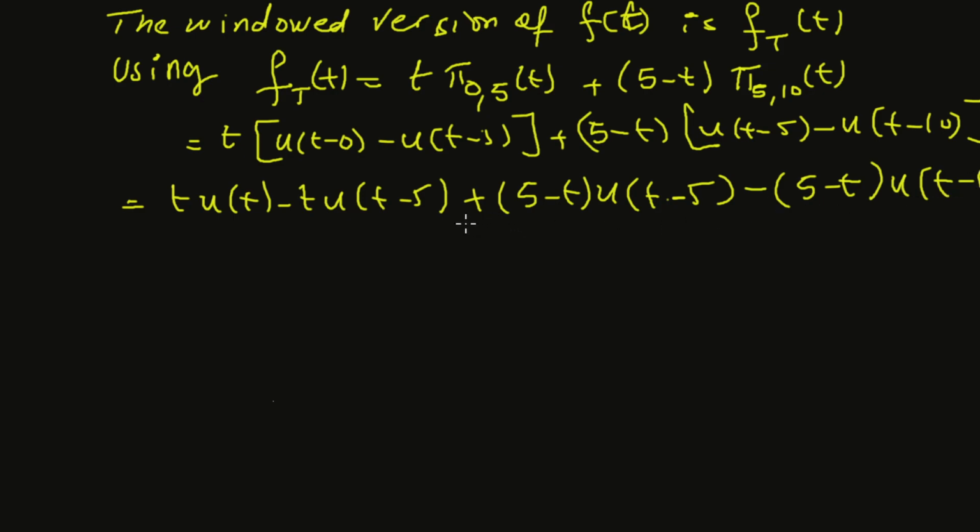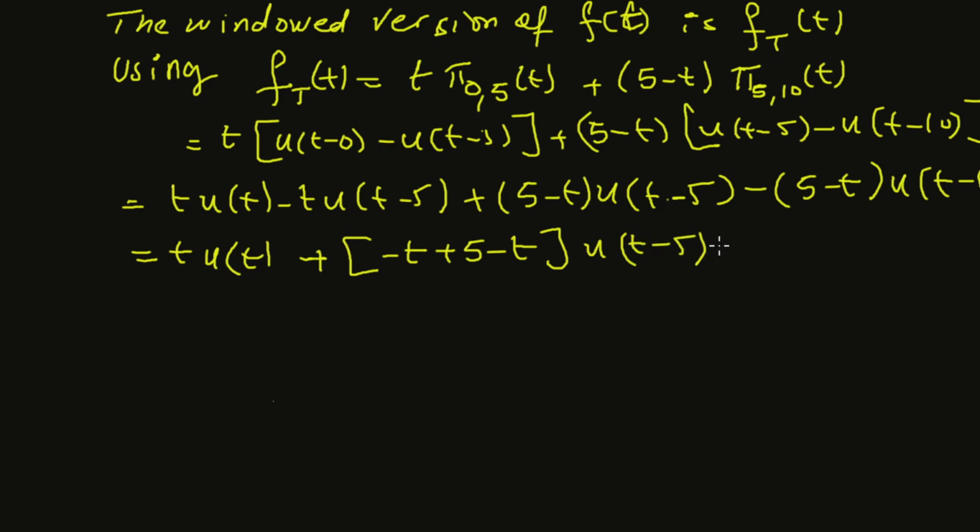It looks like we have something to combine here in the middle, so t times u of t, plus in the middle here, we're going to have these terms with a factor of u of t minus 5, and let's bring this one down.